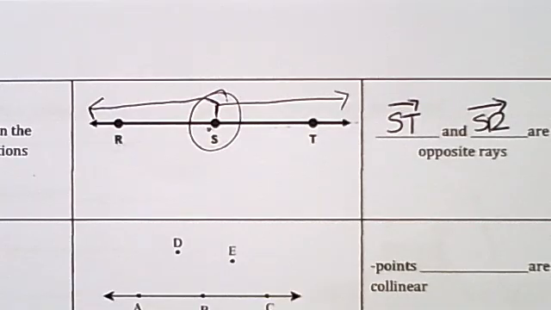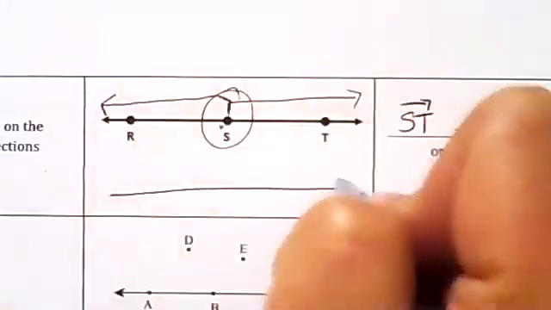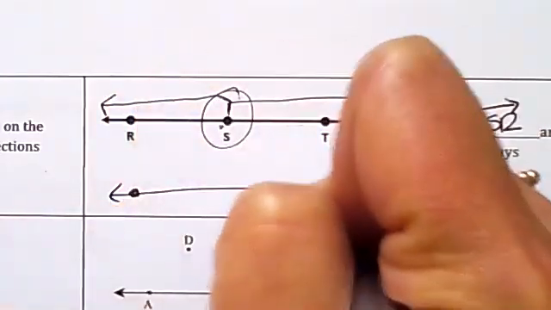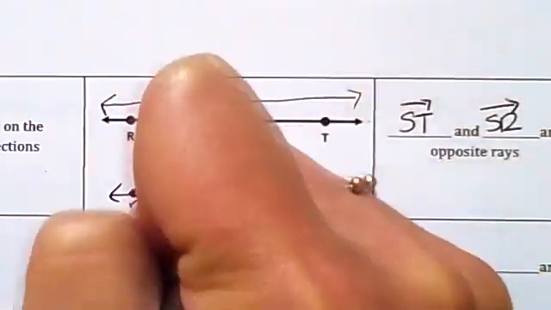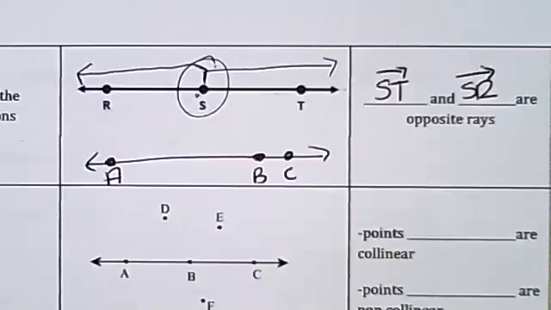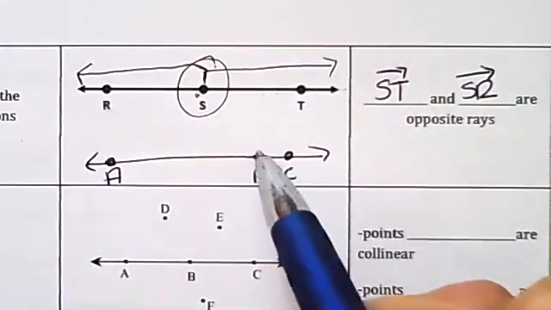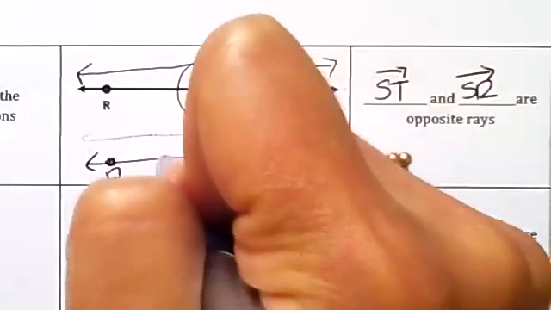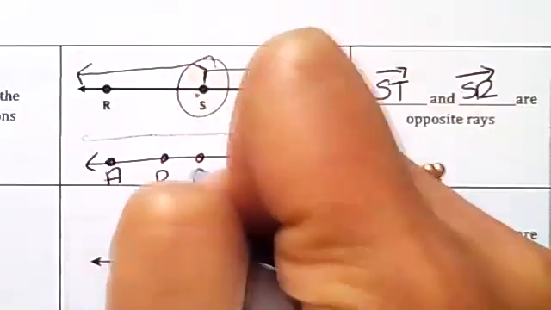So not necessarily. Let me show you another example. Say I had this. So this would still be opposite rays, BC and BA. Even if I had other points here, I could add in more points.